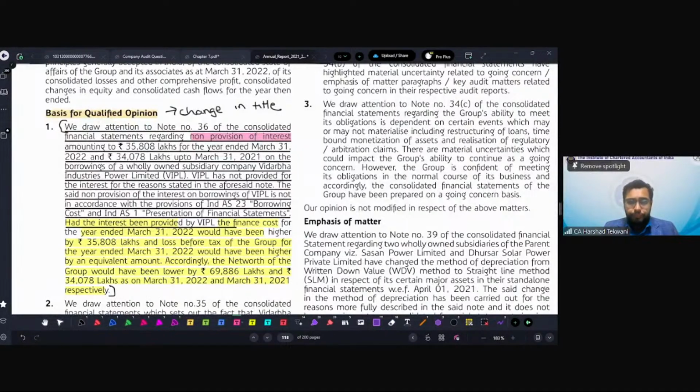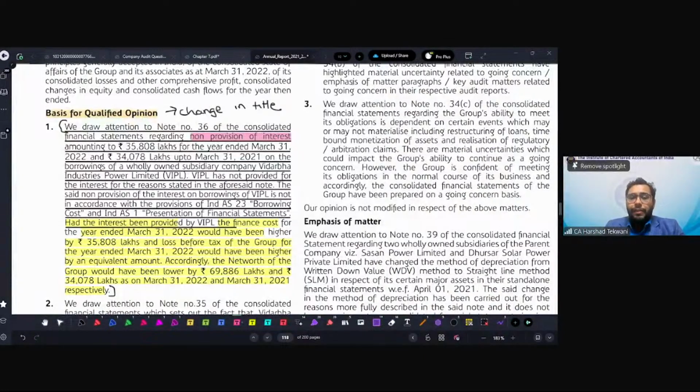Yes, sir. Okay. Same way, for example, if there was an issue related to a disclosure, then we would have brought the attention of the user to that particular disclosure, and we would have said that this disclosure is not correct. Reason, because something is missing.